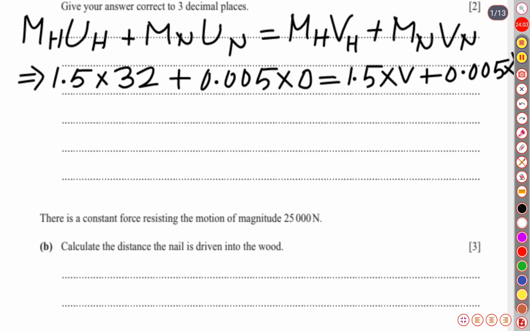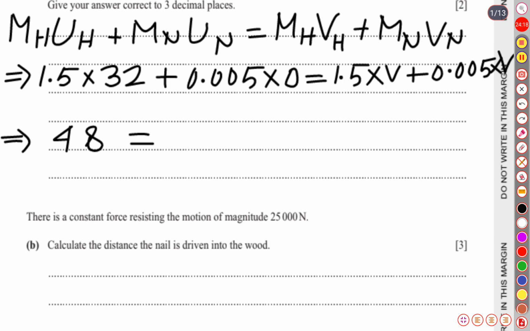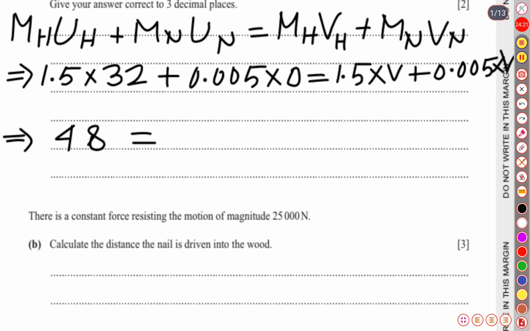If we simplify our statement, then it is going to be 48 is equal to 1.5 plus 0.005, which is actually 1.505, v, because after collision both the hammerhead and the nail are in contact with each other, that's why the velocity will remain the same.